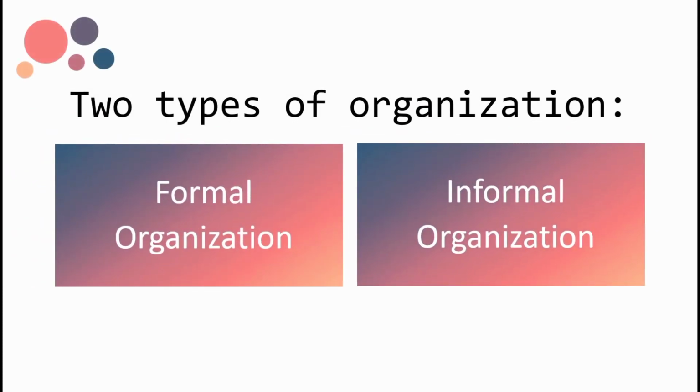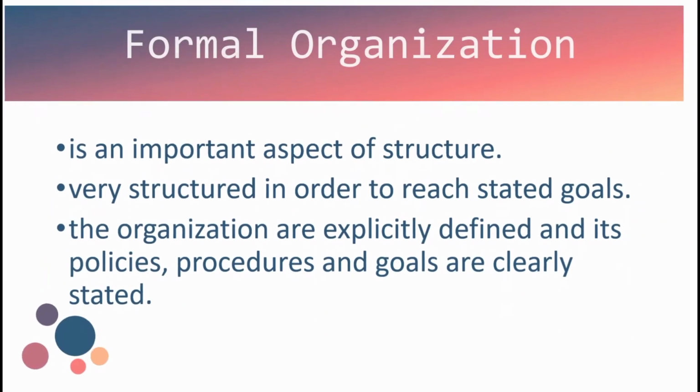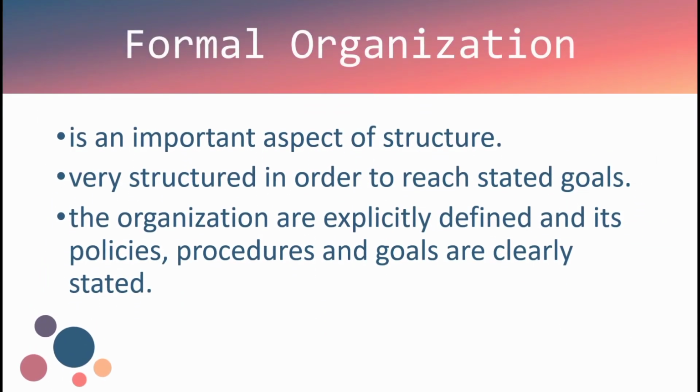Here are the two types of organization: the formal organization and the informal organization. The first type is the formal organization. It is an important aspect of structure, and it is very structured in order to reach its stated goals.